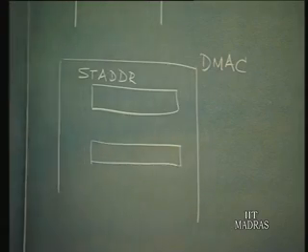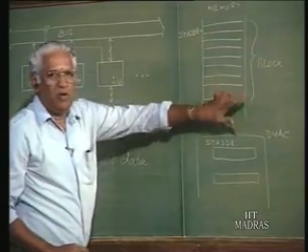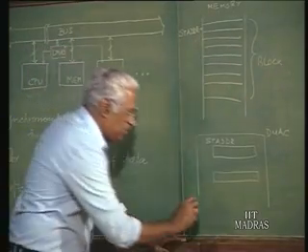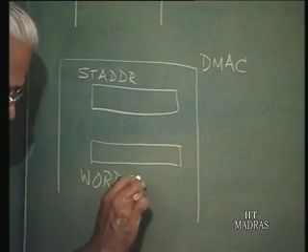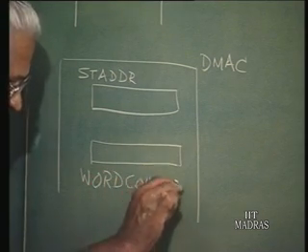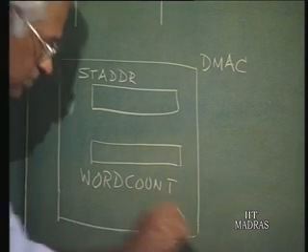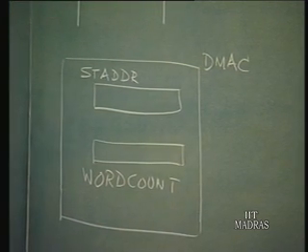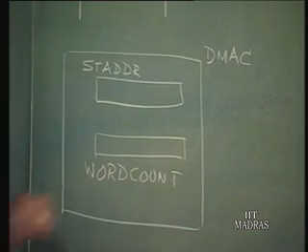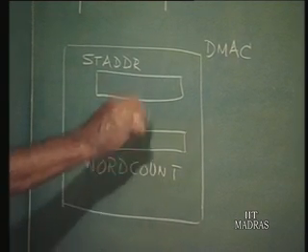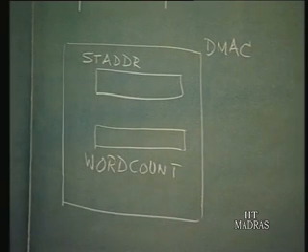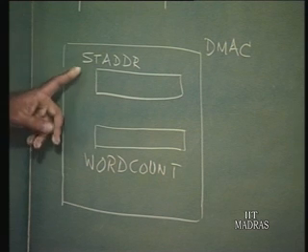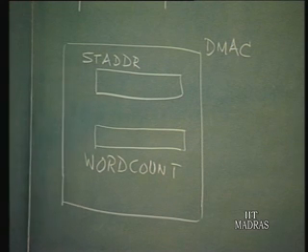Then the block size, generally that is called a word count register. How many words have to be transferred? So, that is called a word count register. So, you can see that in the interface a start address register and a word count register is needed.